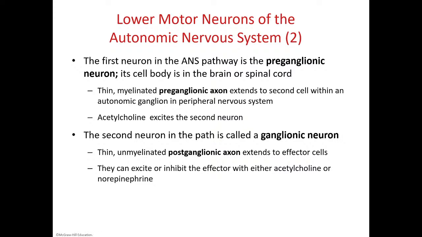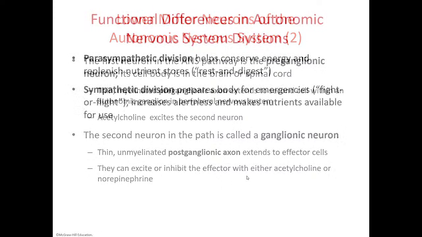All right, and so the preganglionic neuron releases, as we said, acetylcholine, which will excite the postganglionic neuron, the second neuron. All right, so the postganglionic neuron extends out to the effector cells, and that effector is going to be muscle or gland. In this case, it'll be cardiac muscle, smooth muscle, or a gland, not skeletal muscle.